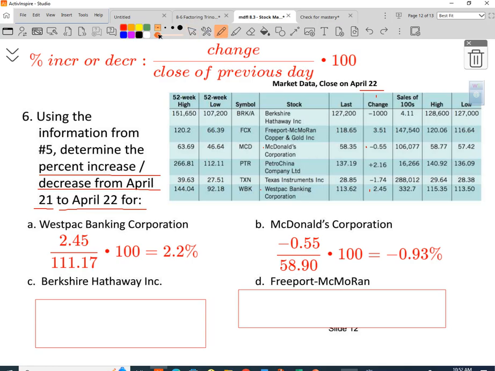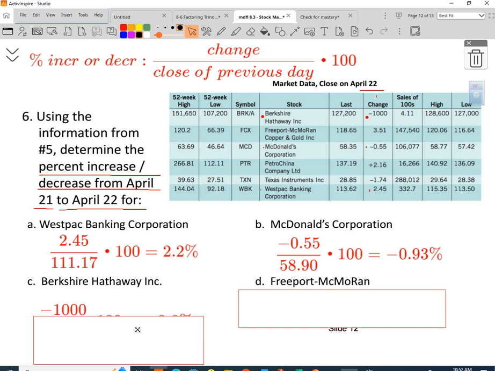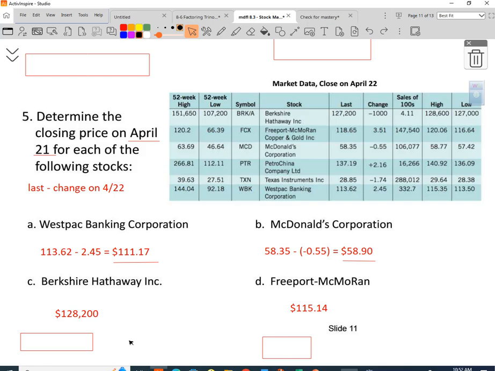We're moving on. Berkshire Hathaway, that's the super expensive one. The change is 1,000, negative 1,000 in fact, so that is our numerator. It's divided by the April 21st closing price, which we found on our other previous example, 128,200.